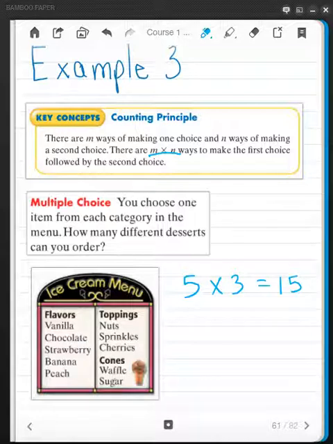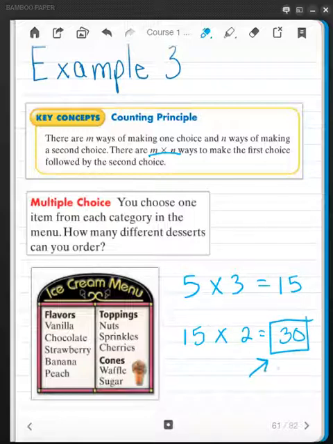But then I also see that I have 2 cones down here. So then I'm going to multiply 15 times 2. There are a total of 30 different combinations of flavors, toppings, and cones that you can make with these choices.